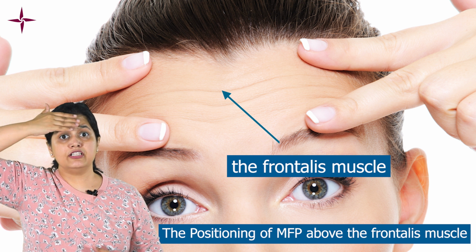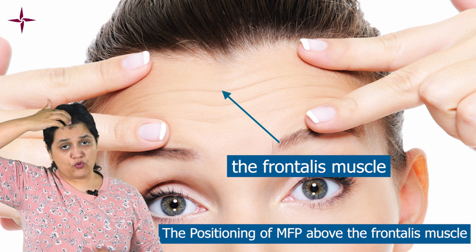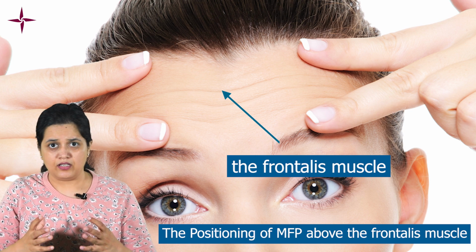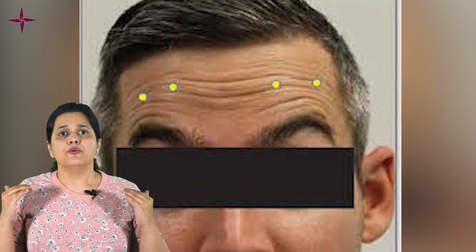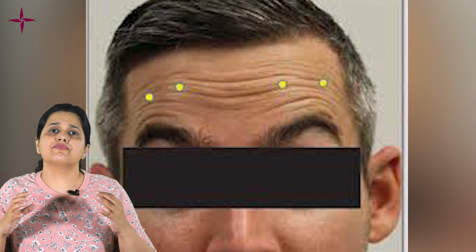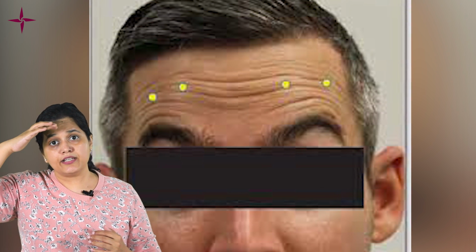When we can't feel the muscle, we should find out that point and try to position the mid-frontal point above the muscle. The idea is when we move our forehead muscles, our hairline should not move. This is very important. If our hairline is moving with the movement of forehead muscles, then it looks unnatural and extremely low. So that is also very important.